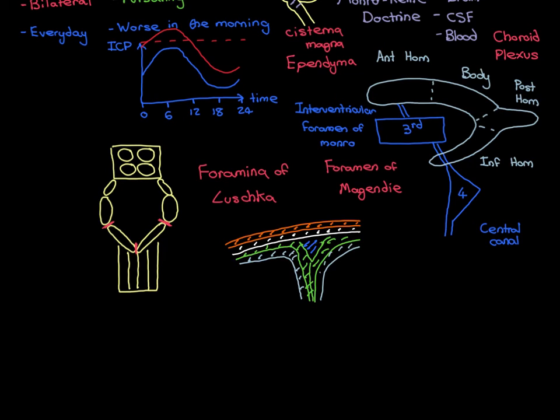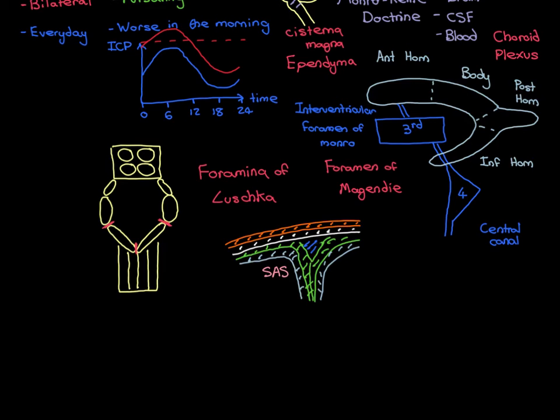So why am I drawing this out? Of course, this is nice revision, but I now want to add something that we have not previously discussed, which is something called an arachnoid granulation. And this is a way that the CSF in the subarachnoid space here, and I'll just label this up, this of course is the subarachnoid space here.